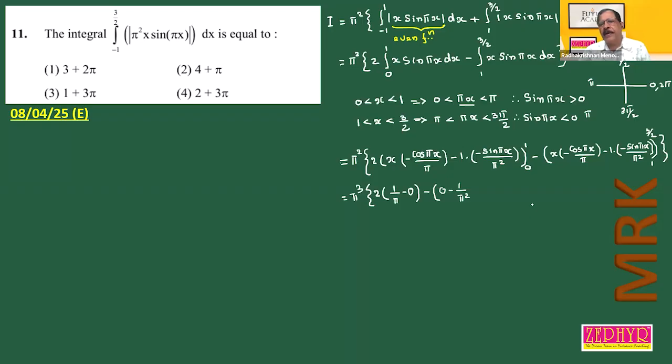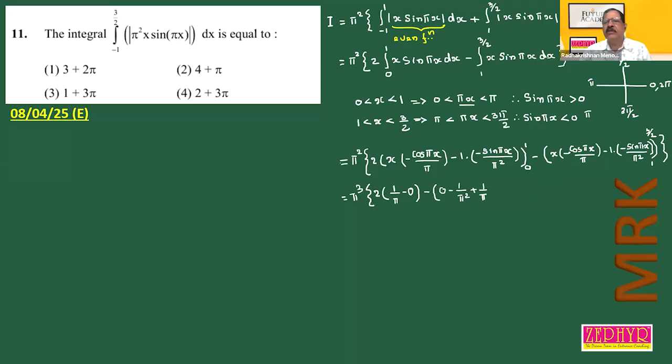Okay. Now when you are putting x is equal to 1, so we are getting 1 into minus cos pi. Okay, that will be 1 by pi only. Same way, when we are putting x is equal to 1, it will be 1 into minus cos pi by pi.